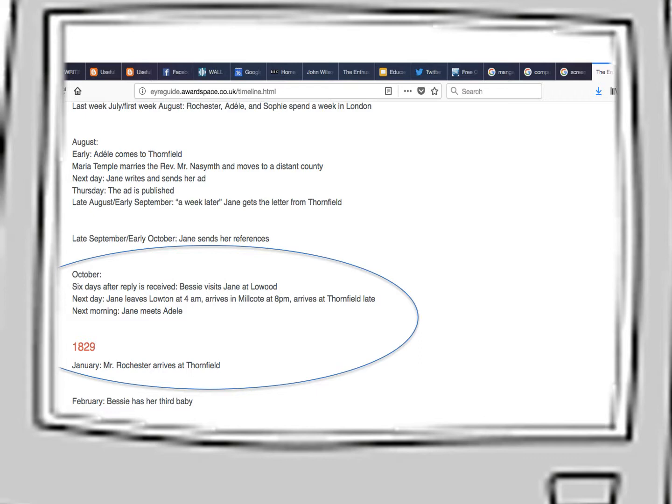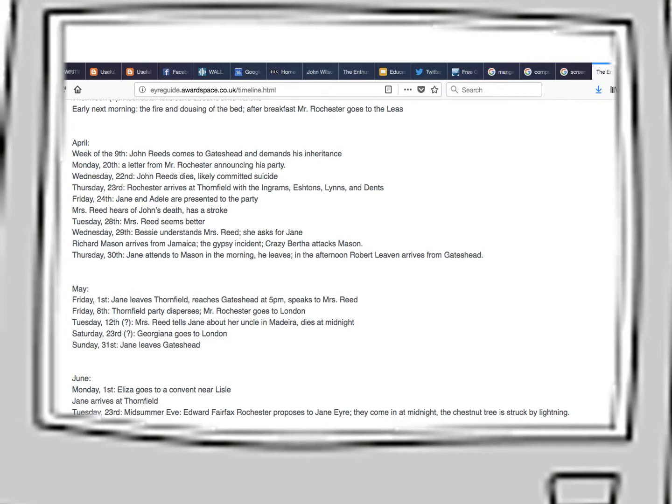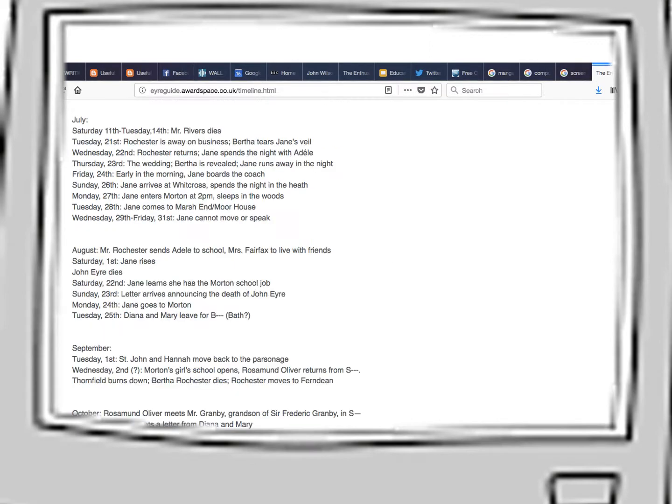This is when Rochester and Jane are falling in love. And the story kind of winds itself up. This is still 1830. Mrs. Reed, so that's the summer of 1829, and that's when Rochester proposes.